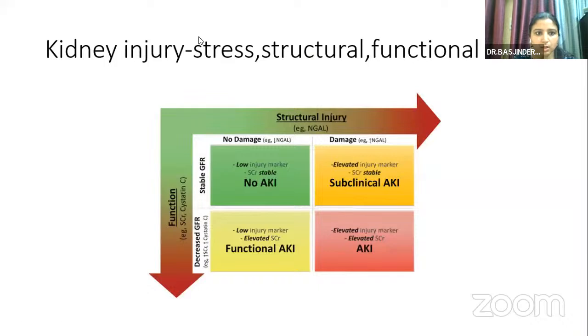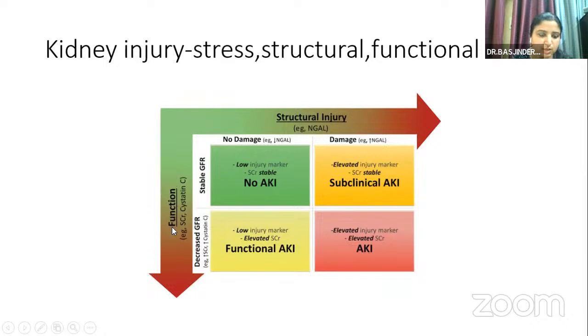So kidney injury has been divided into three forms basically, when there is stress on the nephrons, structural damage, or functional damage to the nephrons. In this diagram, you can see this side is the structural injury, and NGAL is the commonest biomarker for structural injury.